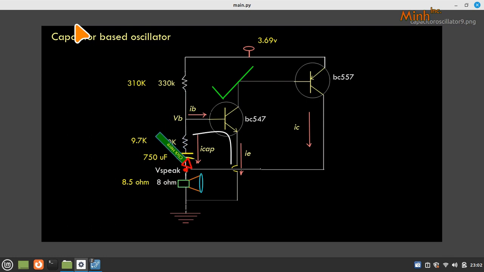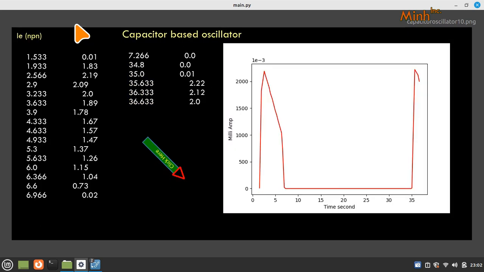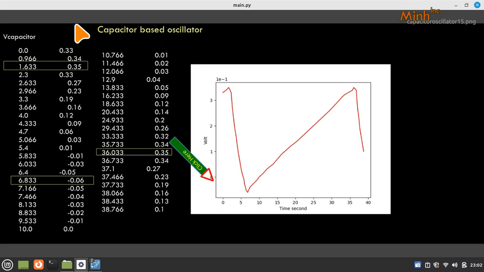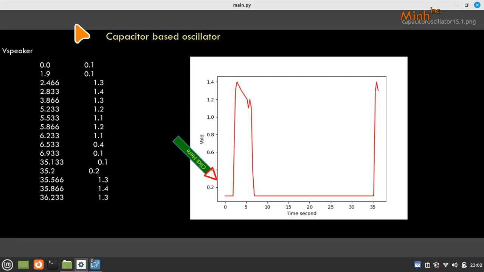So we hear the sound on the speaker because the voltage and current here are reversing. If we see the voltage level at the speaker, if there is a sharp change in the voltage or current, it will make a tick.